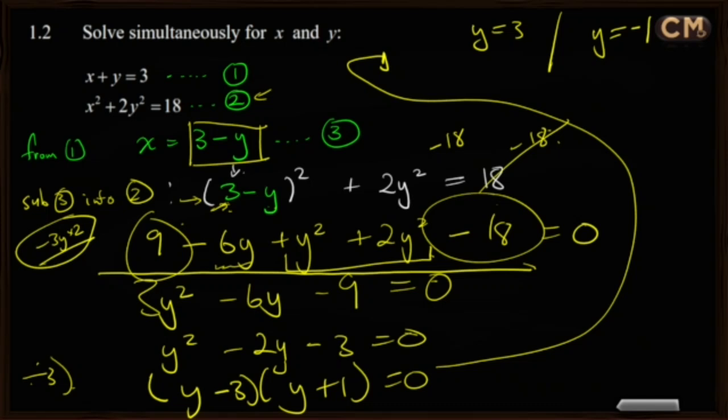Those are 2 options. And then for the x values that need to accompany these, of course we'll use equation 3. We'll have x, well, 3 minus 3 gives us a 0, and 3 minus minus 1 gives us that x is equal to 4.